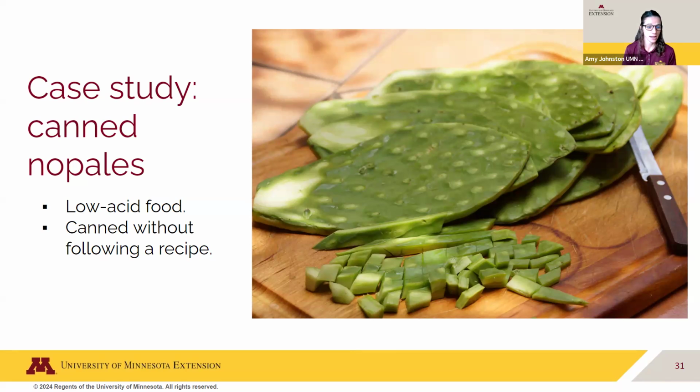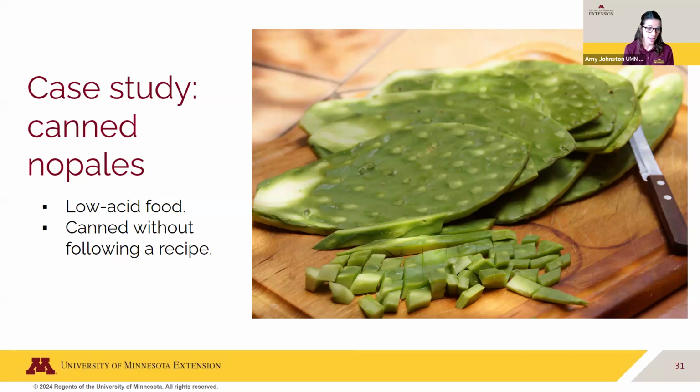The cactus pads were not acidified, so they were just cut, prepared, and canned using a boiling water method. So they were a low acid food canned using the boiling water method, which is not going to reach a high enough temperature to inactivate those Clostridium botulinum spores.